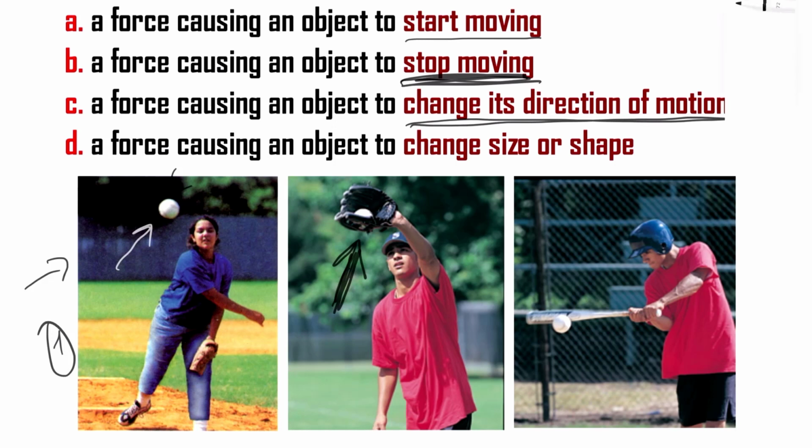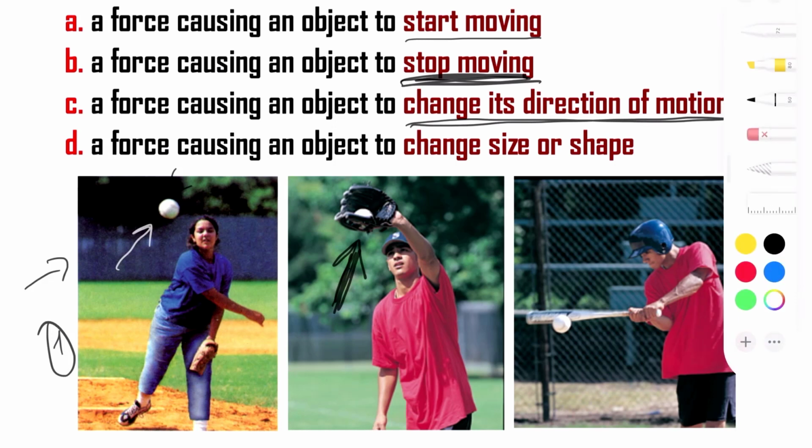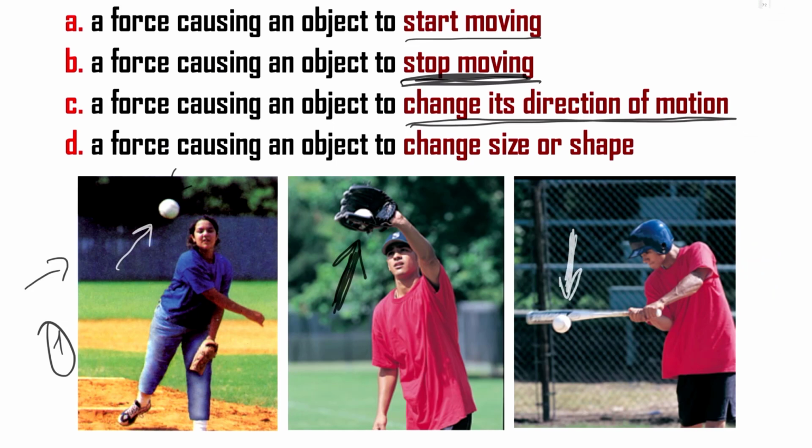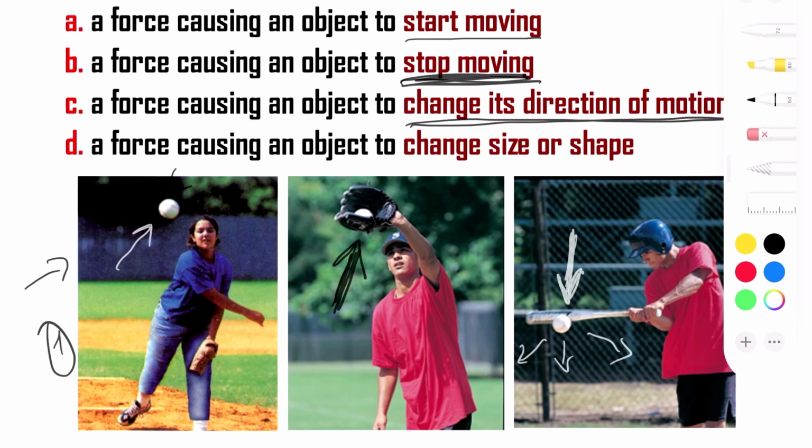So in the third picture, when the guy hits the ball, it goes in another direction. So when the guy applies force on it, the ball goes in another direction, we can say.